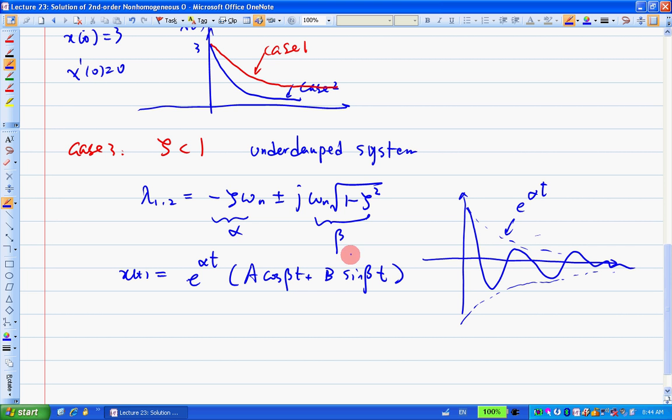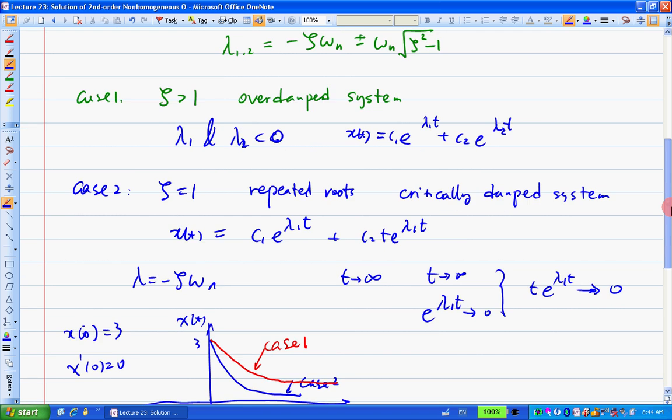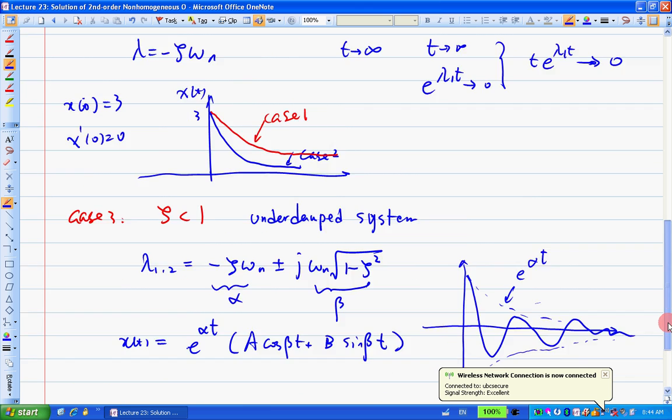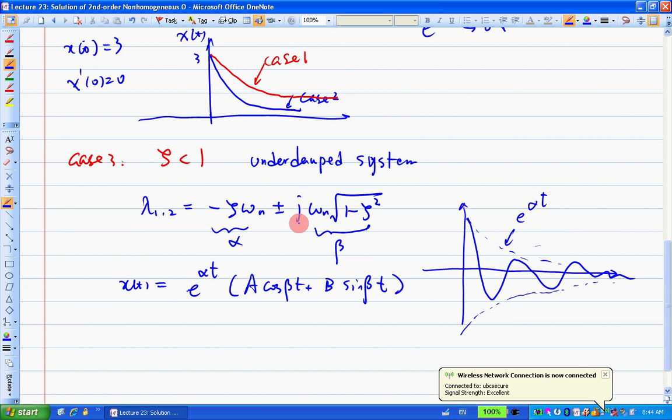Why is it underdamped? Okay. First of all, zeta less than 1 means this term is negative, right? If this is negative, then I basically have a complex number. So that is why I write my lambda 1 and 2 by taking a j out, and instead of writing zeta squared minus 1, we write 1 minus zeta squared.